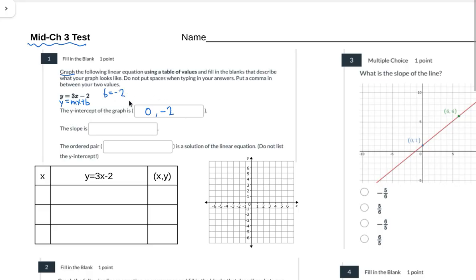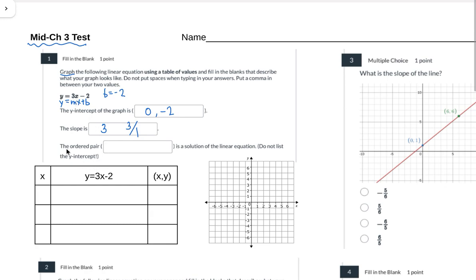If you had just put -2, we decided to accept that answer, but this is the fully correct answer here for the y-intercept of the graph. The next question says the slope is, and I would look here and I want to find m, and that is 3. So the answer would have been 3, or you could have put 3 over 1. Both of those would have been acceptable, all right? Because right there is that slope that hangs out with x.